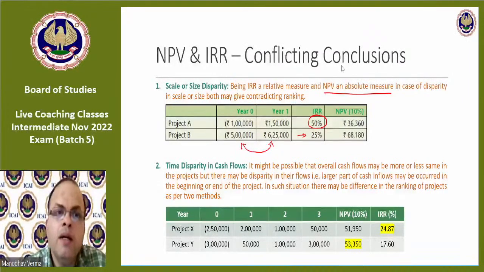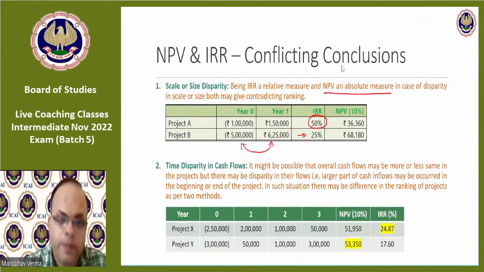That's absolutely fine. But having said that, do you agree that there is definitely a contradictory opinion in terms of project evaluation, guys? Very clearly, IRR favors the relative measure, ignoring the absolute numbers.